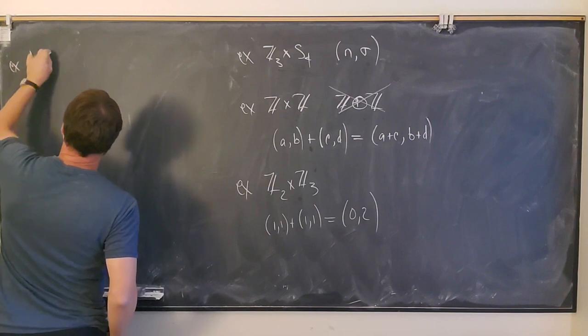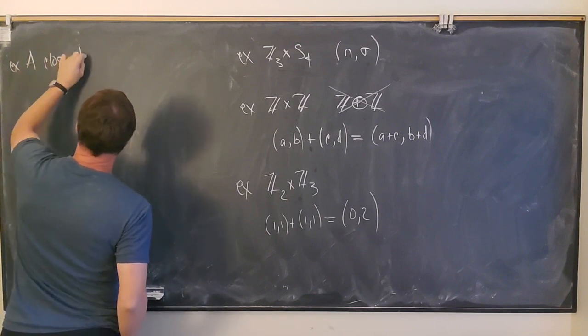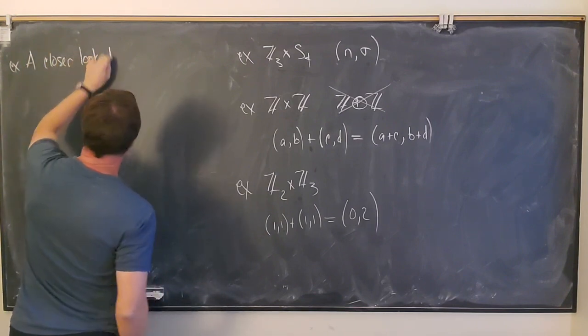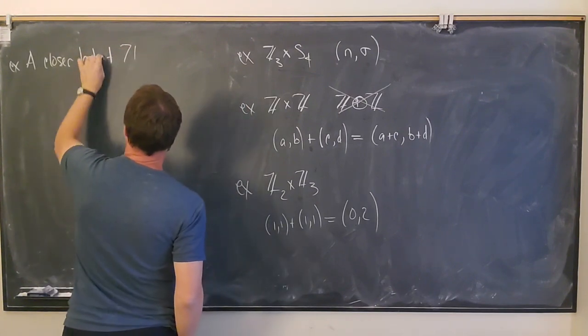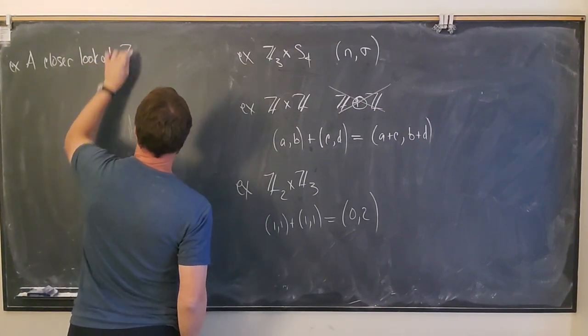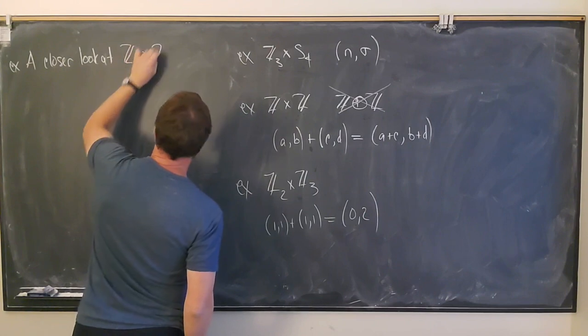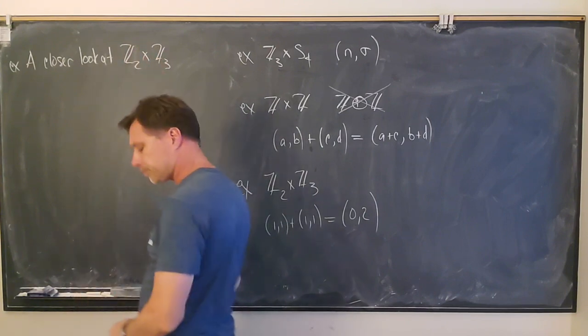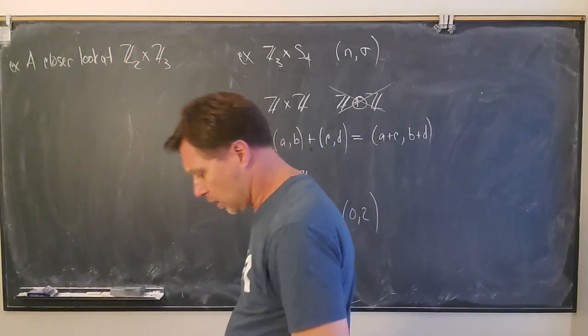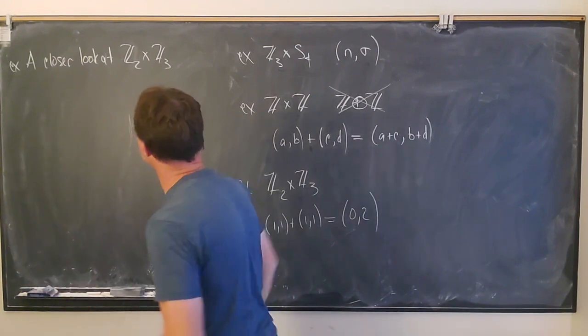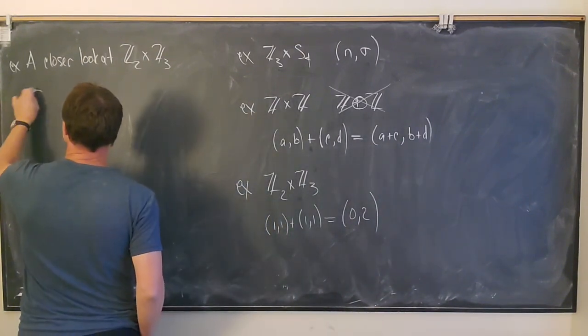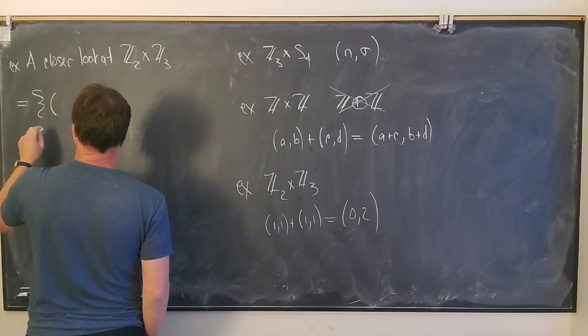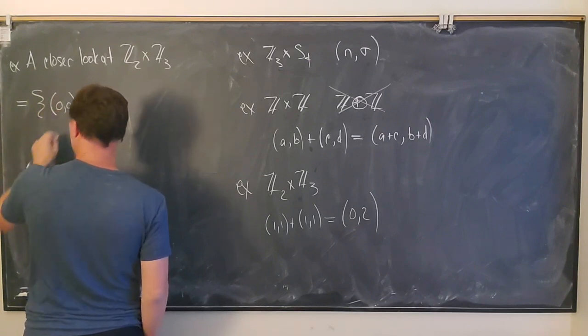So, a closer look at Z2 cross Z3. Well, so first, let's just write down who this is as a set. Who are the elements? Well, there's (0, 0), that's the identity.